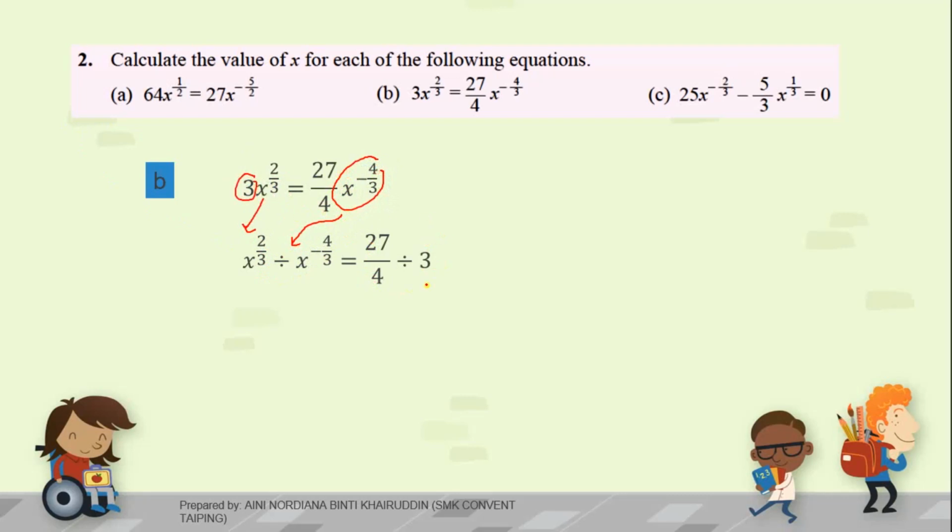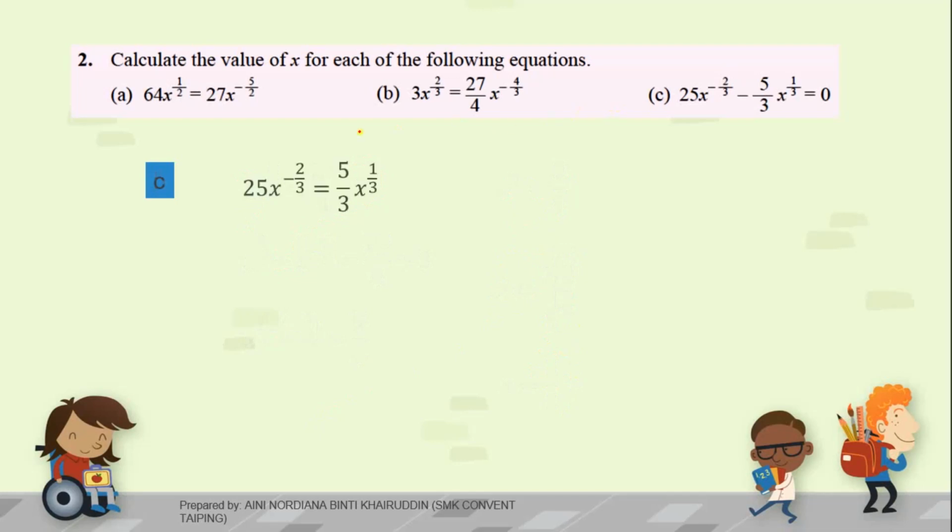This one you can use your calculator to get the answer. So this is 9 over 4. Since this is divide, you minus the index. And then you will get x squared equals 9 over 4. Same as just now. X equals square root of 9 over 4. Then the answer is 3 over 2.